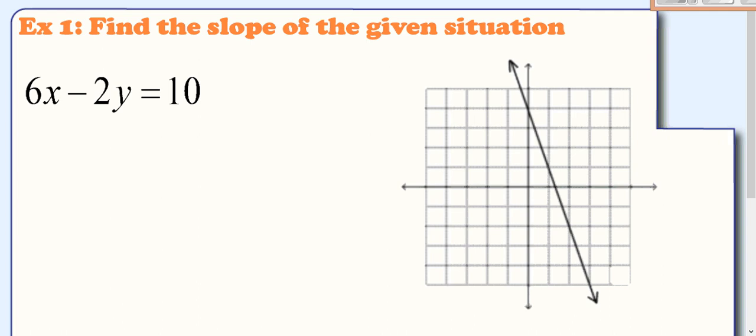So to find the slope, this is called standard form. To get the slope, I would just convert it to slope-intercept, which means we want to get y by itself. So subtract 6x from both sides.